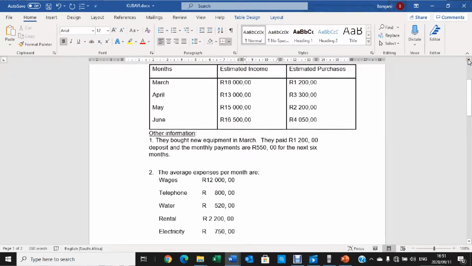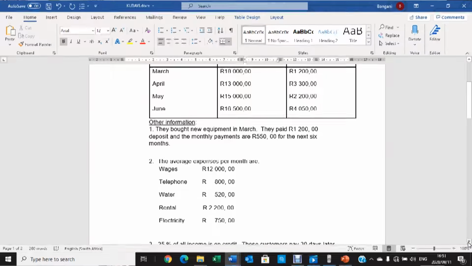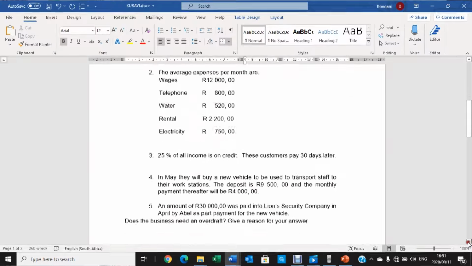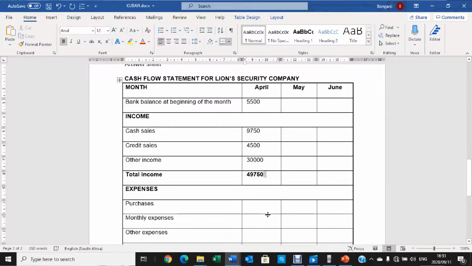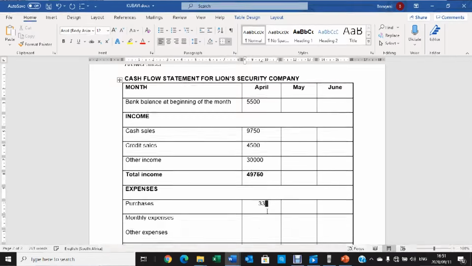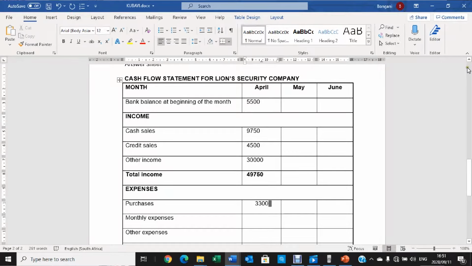Then we record the 3,300 as it is as our purchases. Then our purchases 3,300. And then we move to monthly expenses.